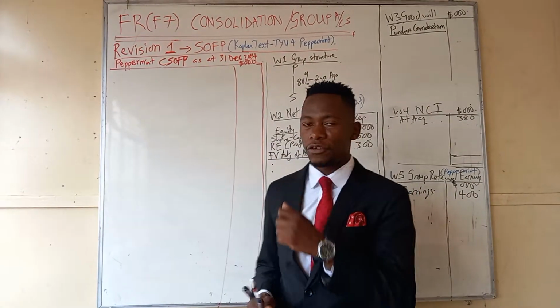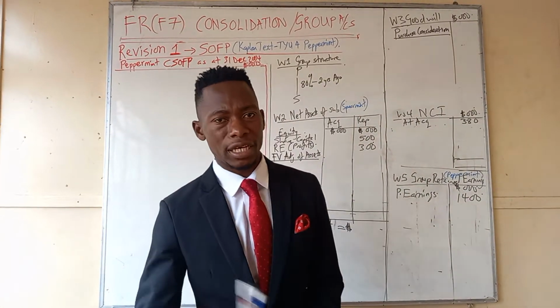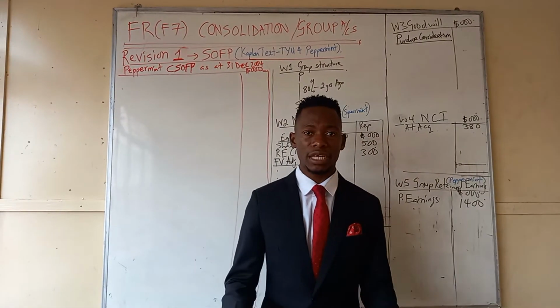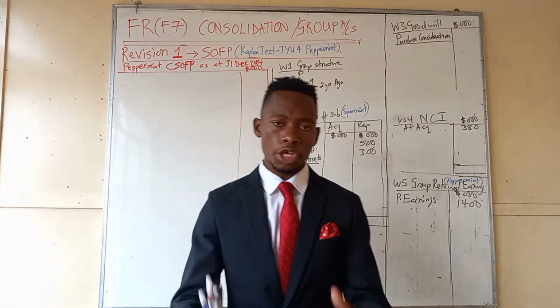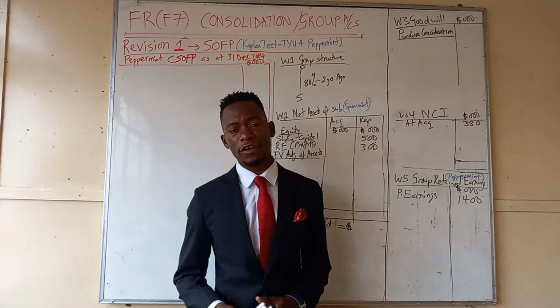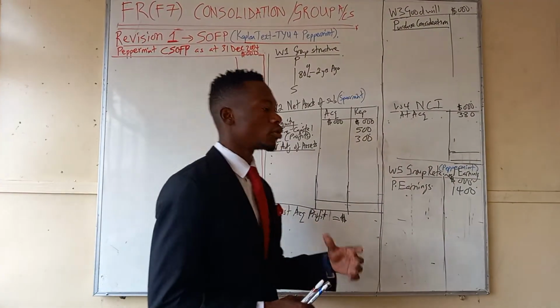If you invest more than 50% of shares, you are the parent and that company is the subsidiary. If your investment is 20 to 50%, you are an associate. So you need to apply the principles of IFRS 10, consolidation. So we want to look at a question.